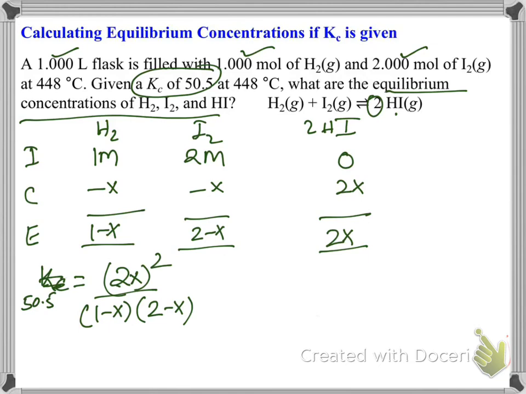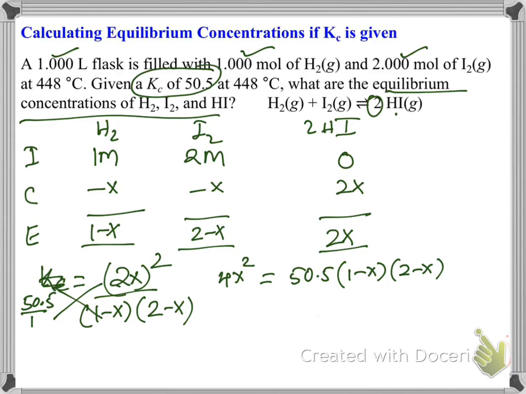Now this is a quadratic equation. So I'm going to simplify this quadratic equation. What you have to do, you multiply, it will become 4x squared equals 50.5 times 1 minus x times 2 minus x.